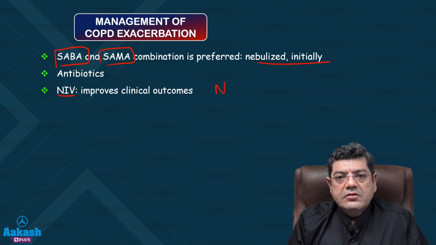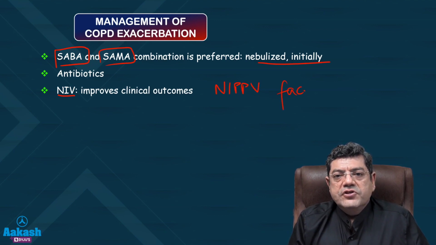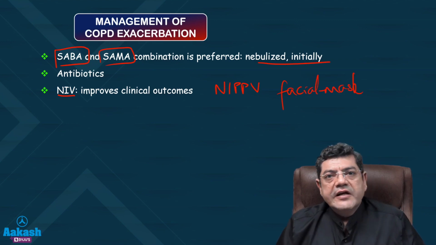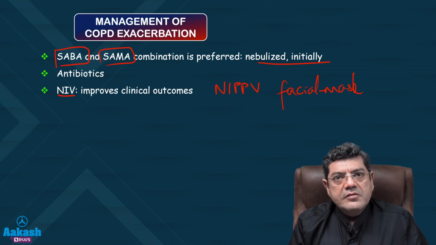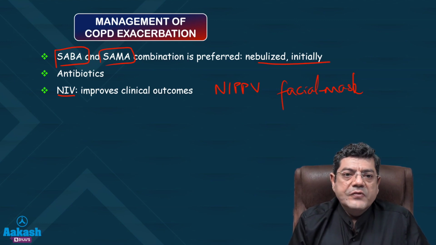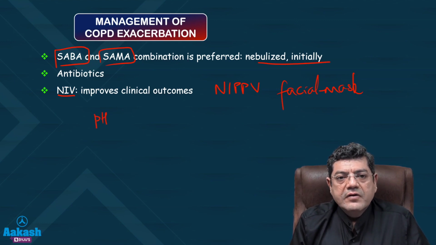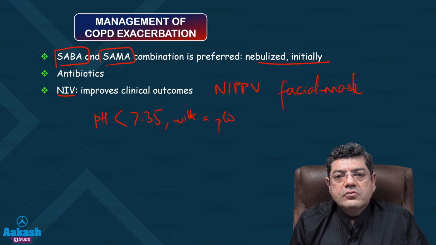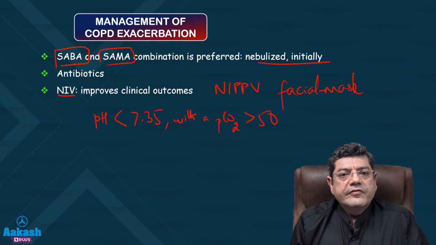Non-invasive ventilation, non-invasive positive pressure ventilation by a facial mask, tight face fitting mask, improves clinical outcomes. Now, when do you give that? You give that if pH is less than 7.35 with a PCO2 of more than 50.